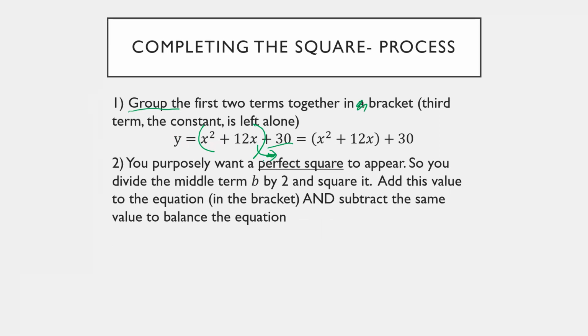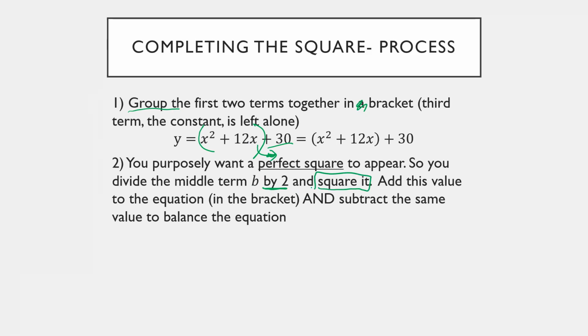So if you know that, then you can work backwards to figure out what one of the perfect squares would be. You would do the opposite of multiplying by 2. You would divide by 2. So you take the middle term, divide by 2, and then you square it so you can create a perfect square. So you're basically doing the opposite operations.